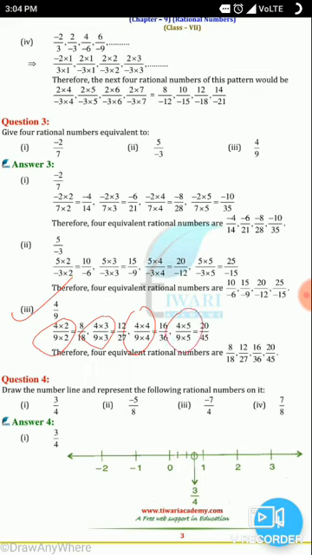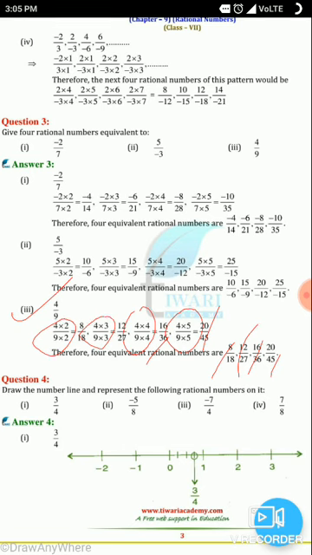So 4 twos are 8, 9 twos are 18, so 8 upon 18. 4 threes are 12, 9 threes are 27, so 12 upon 27. Next number: 4 fours are 16, 9 fours are 36, so 16 upon 36. And last, 4 fives are 20 and 9 fives are 45. Okay. This way we will get our answer.